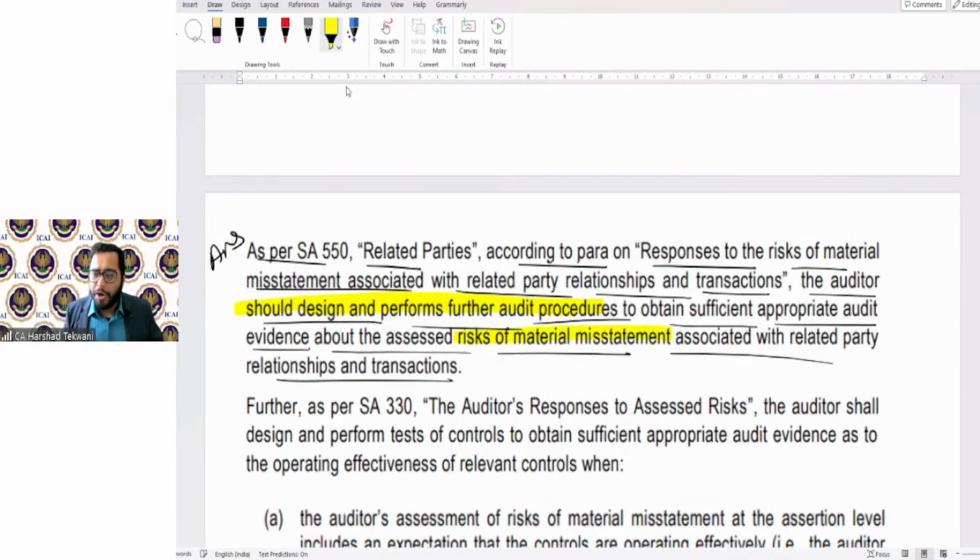So you design audit procedures, you gather the evidence, and then see whether there is a risk of material misstatement or not.